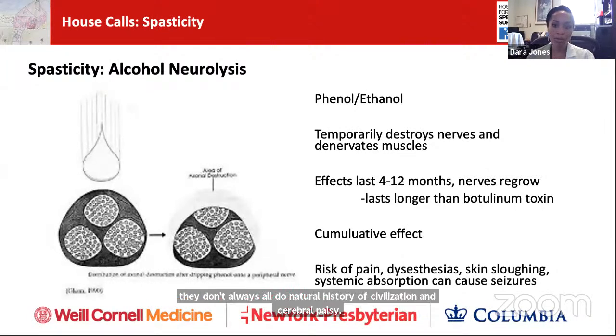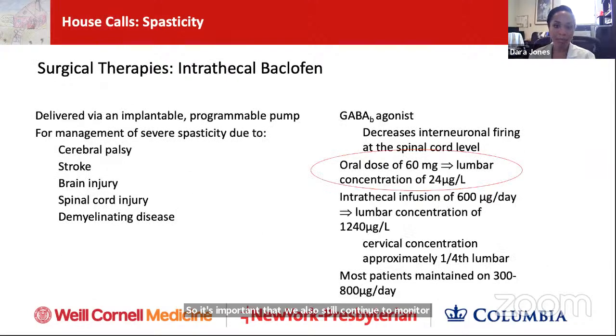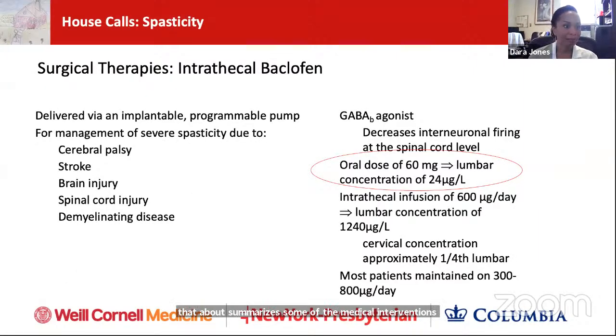So it's important that we also still continue to monitor their musculoskeletal growth as well. Some of the risks of alcohol neurolysis can include pain and dysesthesias and skin sloughing. And that about summarizes some of the medical interventions, and now I will turn it over to Jeff.